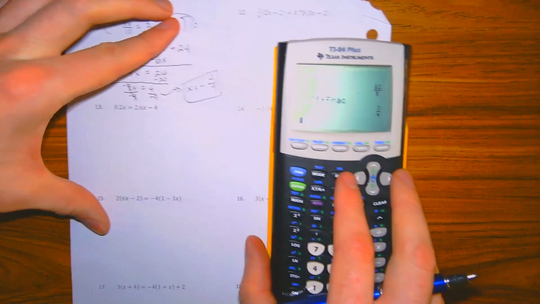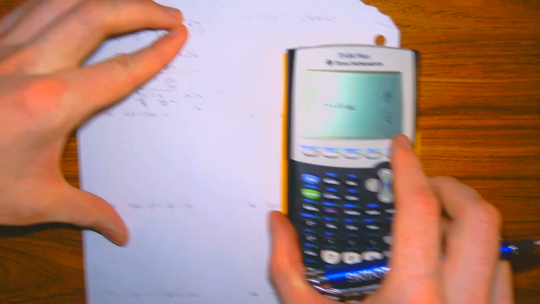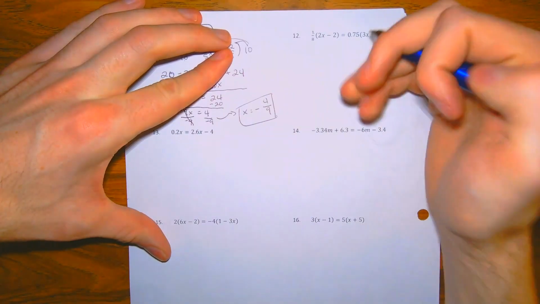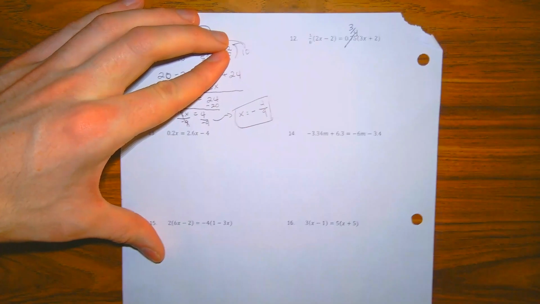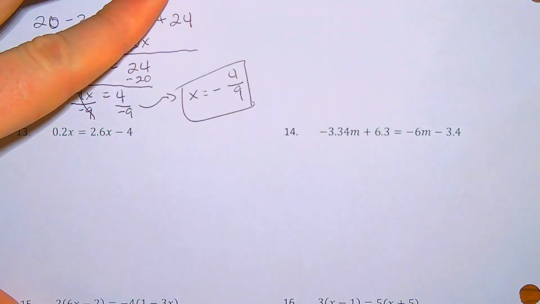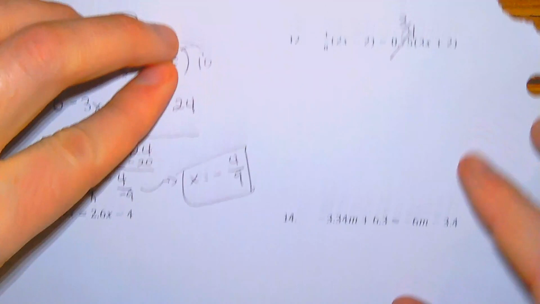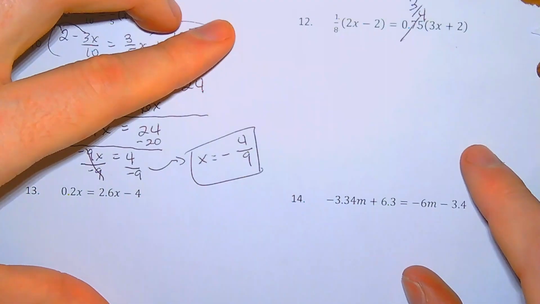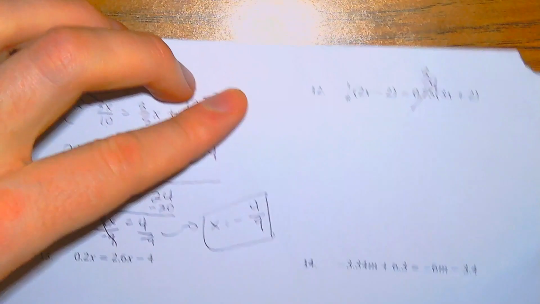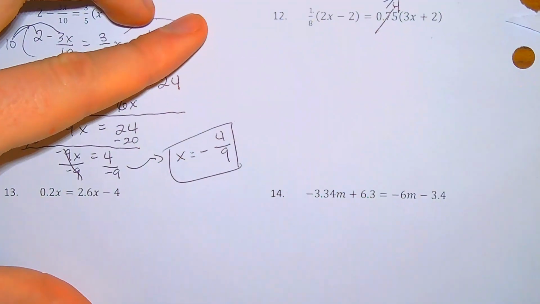Okay? As you can kind of see there. There's a 3/4. So instead of a 0.75, we're going to be working with a 3/4. That is our first step in doing that. Okay?